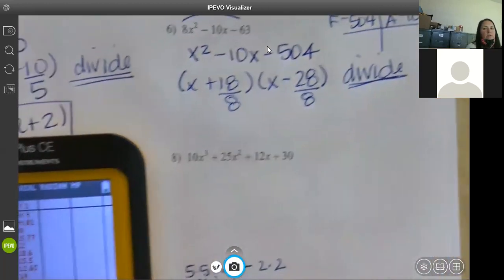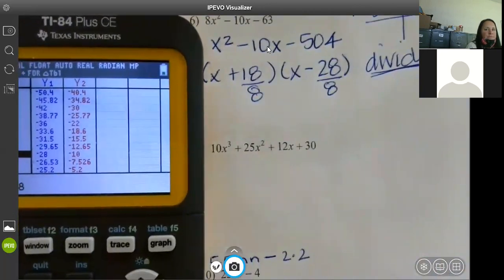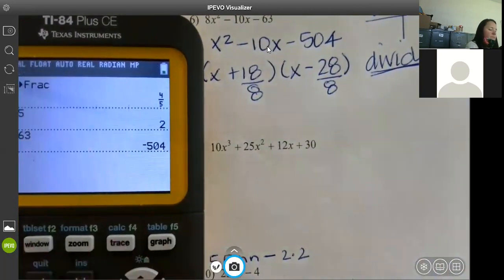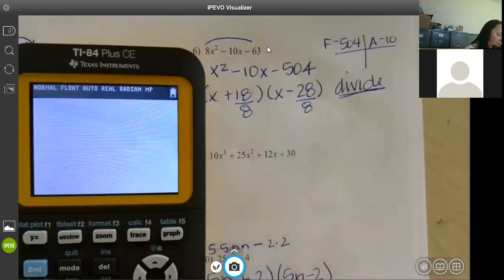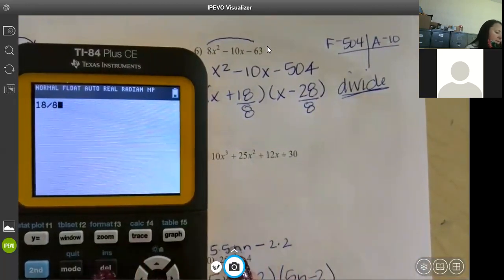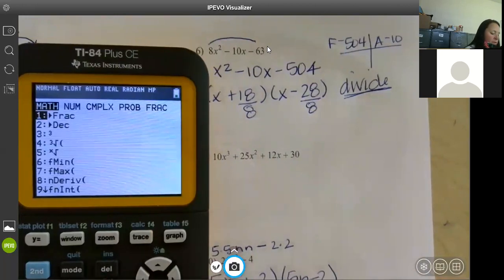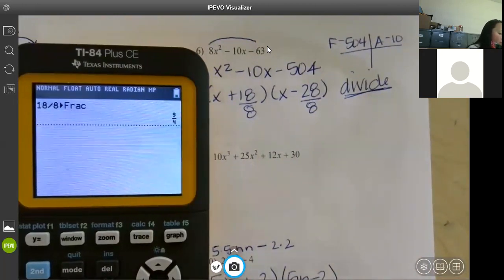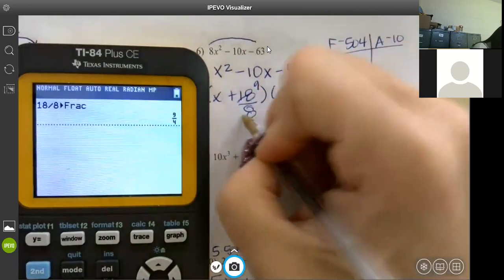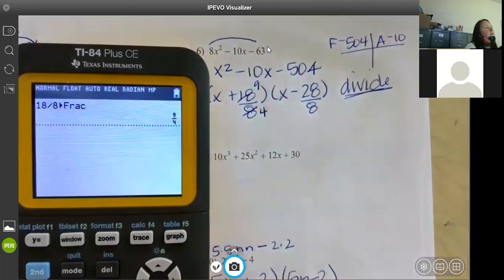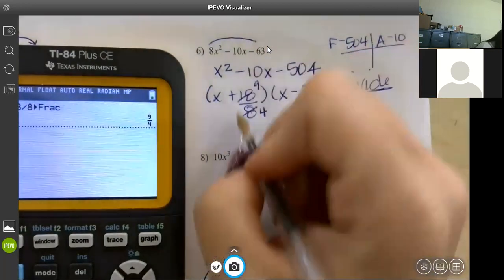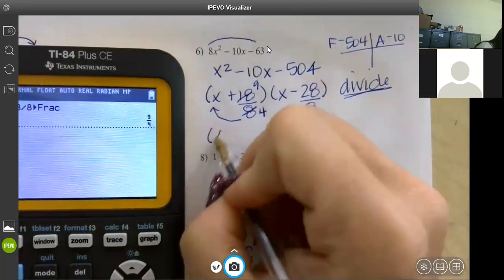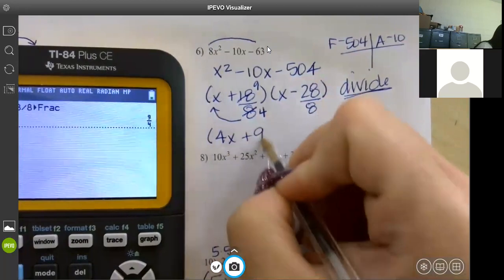All right, so here's one where your fractions are going to matter. Try to get the calculator on here as well. All right, so 18 divide 8. And then again, I do math, enter, and it reduces to 9 over 4. That's as good as it gets. So we're going to move that 4 up to the beginning, and it should be added to 9.